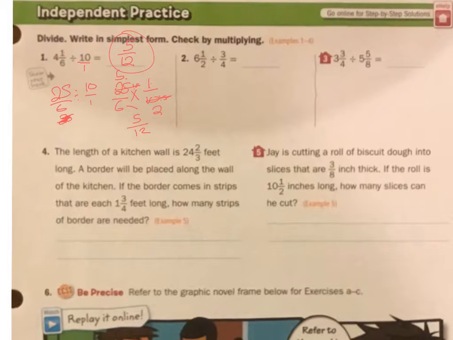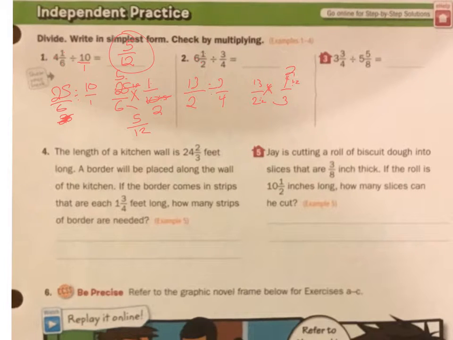Okay? Let's do number 6. Make this into an improper. 6 times 2 is 12, plus 1 is 13 over 2 divided by 3/4. So I keep the 13 divided by 2 times, instead of divide, I change that and I change that. I'm going to divide this by 2 and divide this by 2.